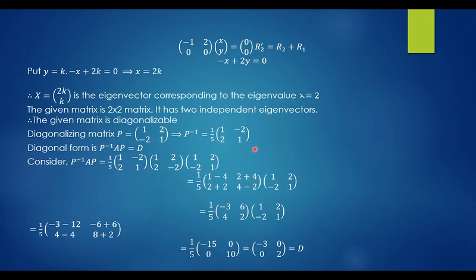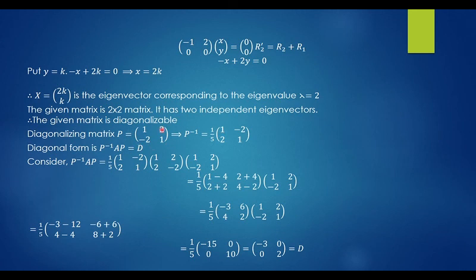So, 1 divided by determinant P is nothing but multiplying by 1 by determinant P, right. So, 1 by 5 we write. Then what is the adjoint of this 2 cross 2 matrix? We know that we interchange the principal diagonal elements and change the sign of the other diagonal elements. So, write the 1, 1 in the principal diagonal as it is, since there is no change if we interchange them.